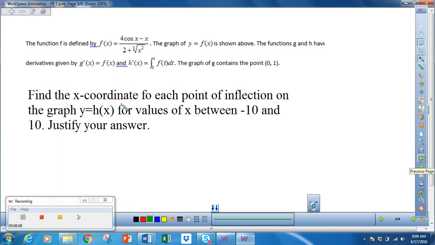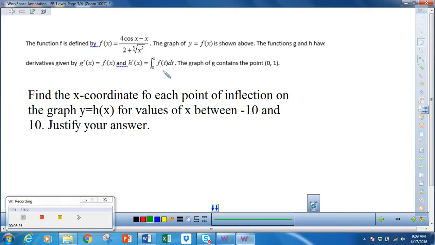The third question: find the x-coordinate of the points of inflection of y equals h of x for values of x between -10 and 10 and justify your answer. Now we're told that f of x is the derivative, h prime of x.